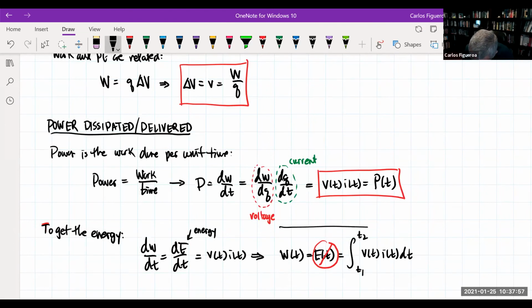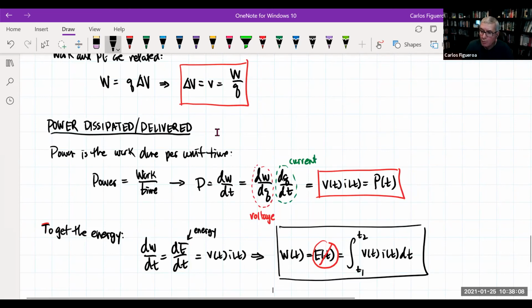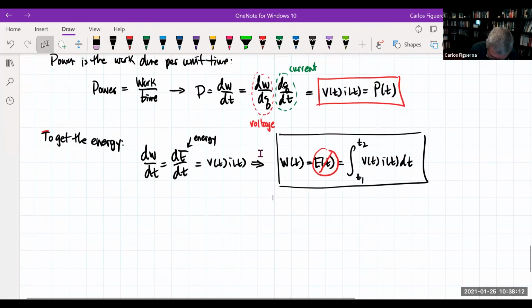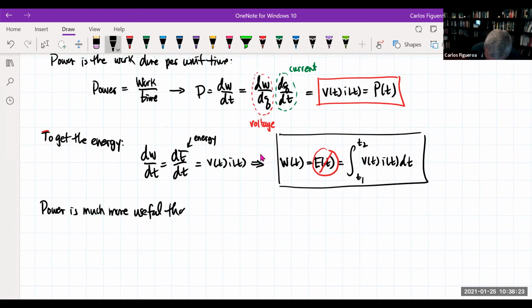Now, you can see the advantage of power versus energy here. Mathematically, what do we want to do? Power is much more useful than energy for two reasons.